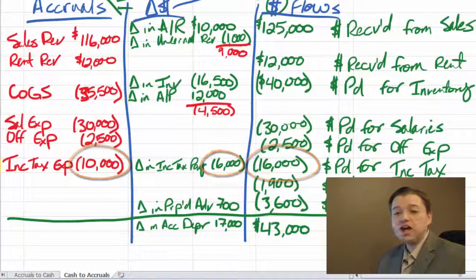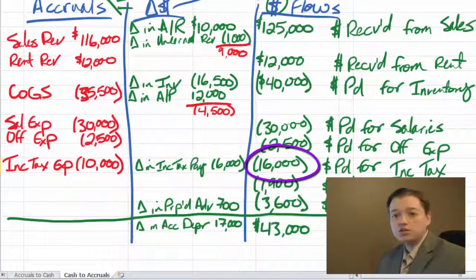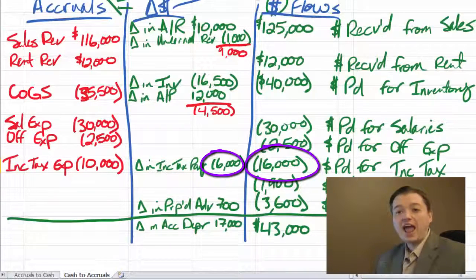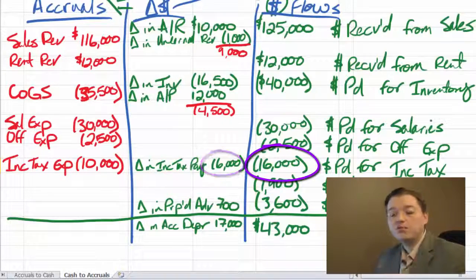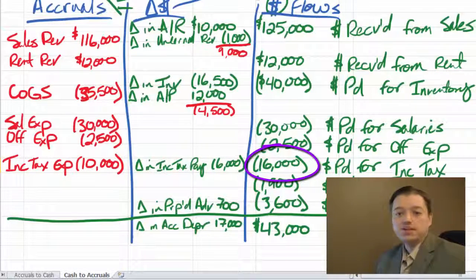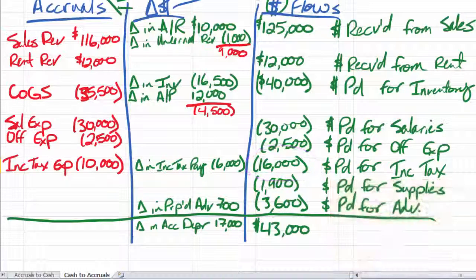The translation here is I paid out $16,000 this year. $6,000 in bills I owed from previous years, which means I added $10,000 of an expense in this period. Does that make sense too? I hope so. But that's what it means in English. $10,000 that I owed for this year, $6,000 that I've owed for previous years, so I ended up sending $16,000 into the government.